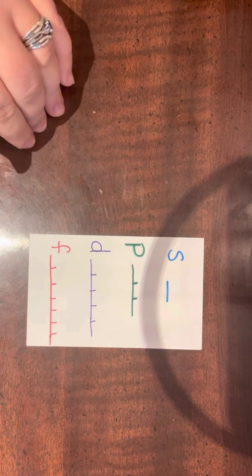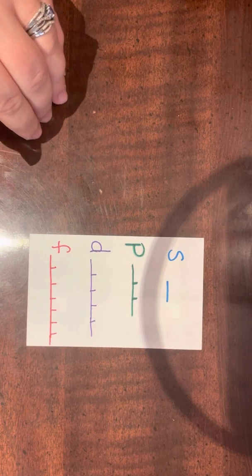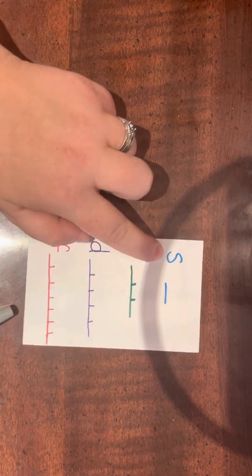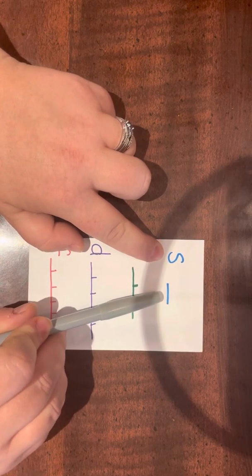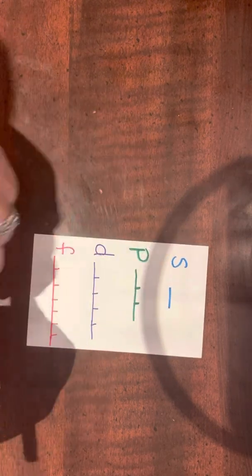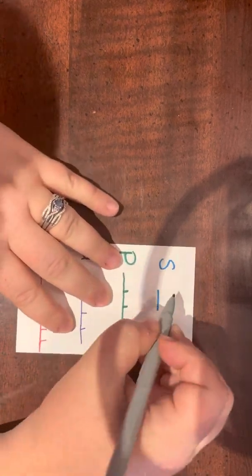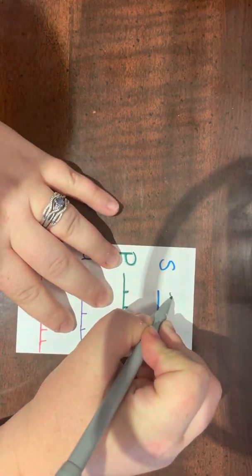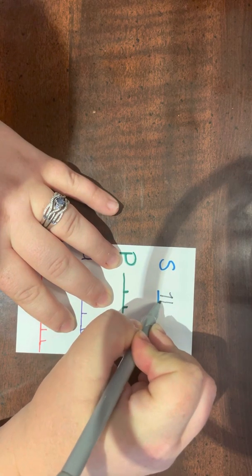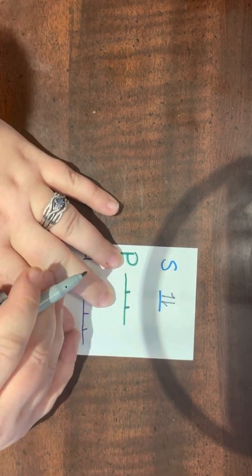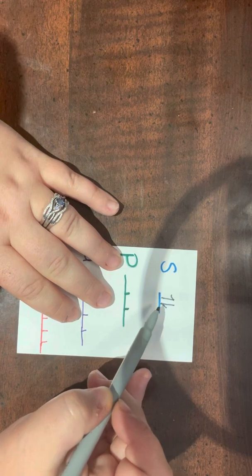Each orbital can hold 2 electrons. So the S sublevel, which has 1 orbital in it, that whole sublevel can only hold 2 electrons. Now, when electrons are in the same orbital, they're always going to be facing in opposite directions. And we represent electrons as arrows.